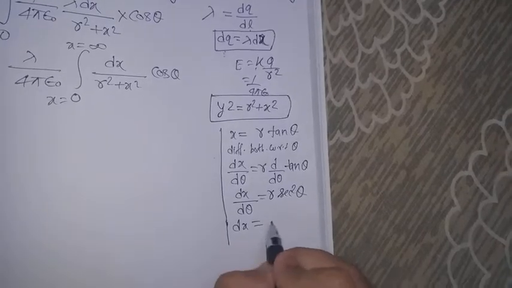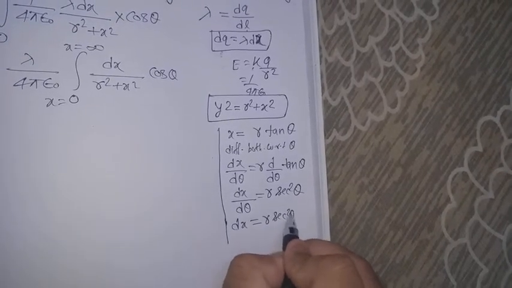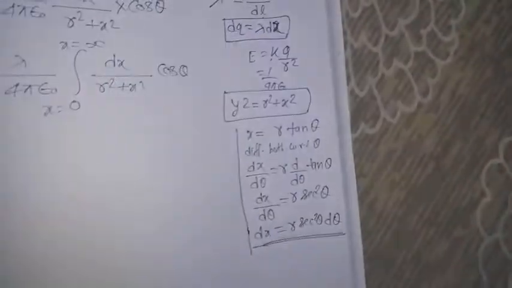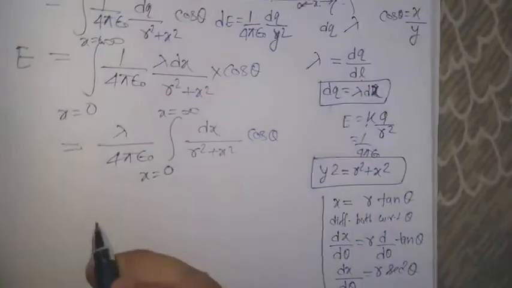So dx equals r sec square theta d theta. Okay, so now put this value here.